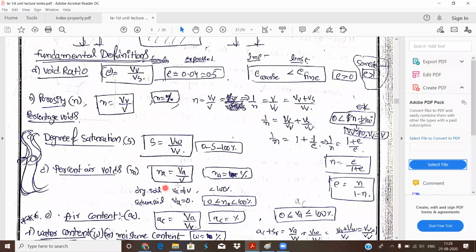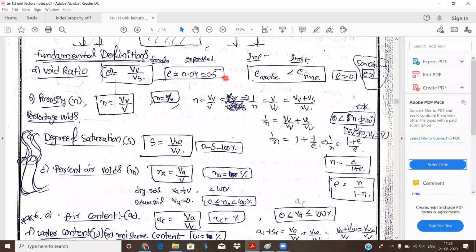Percent means total volume. Here, void ratio is related to volume of solids, and voids only. But percentage voids means it is total volume. Porosity is also total volume, but porosity is related only to the total volume of voids.